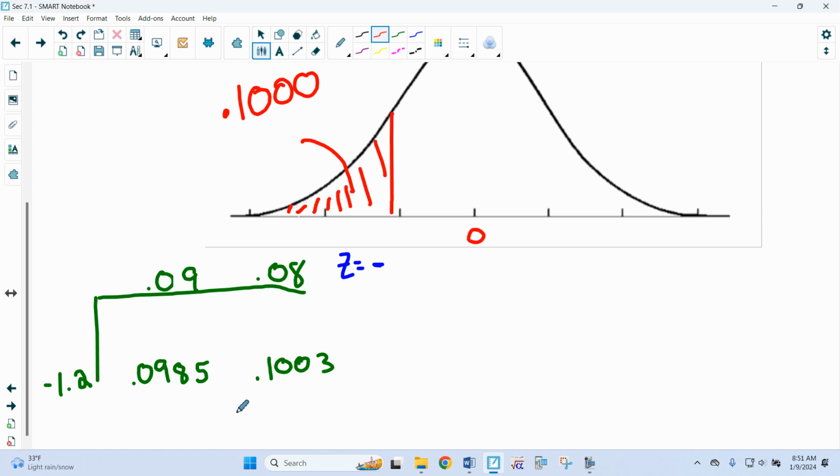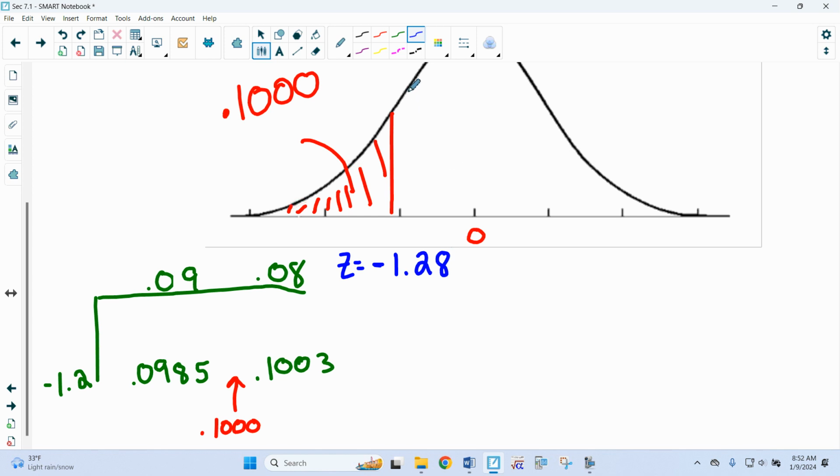So the value we're looking for, 0.1000, is in here. When we pick this value, we want to pick the one that's the closest. In this case, that's going to be 0.1003, so our z is negative 1.28.